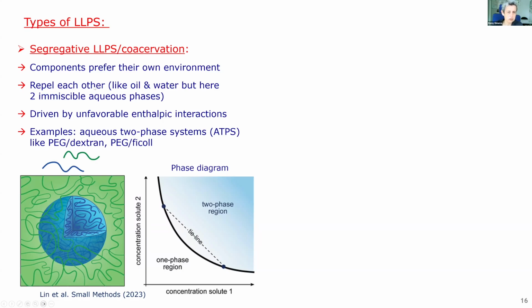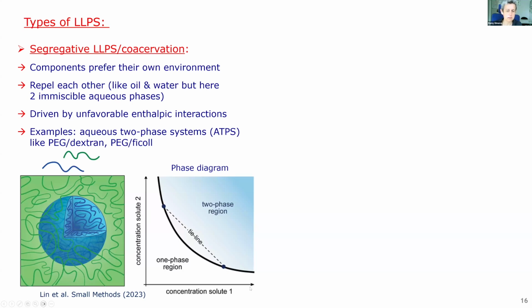So they are repelling each other, which is the driving force. Like water and oil are repelling, but in this case, you don't have water and oil. You have two aqueous phases. Both of them are made of water and one of the polymers. An example of such phase separation is the aqueous two-phase system, or ATPS, of PEG and dextran.